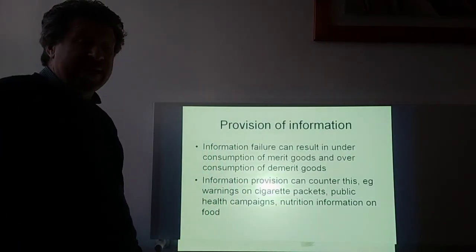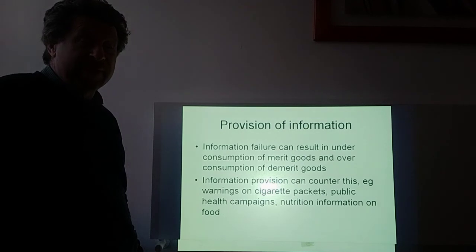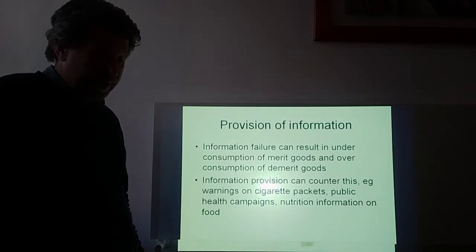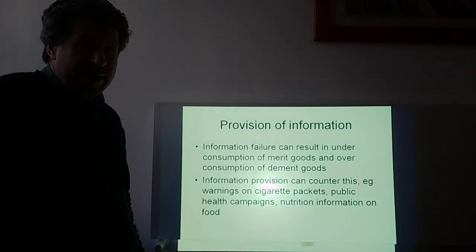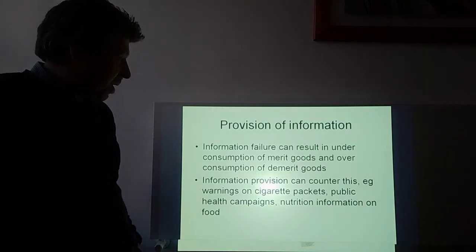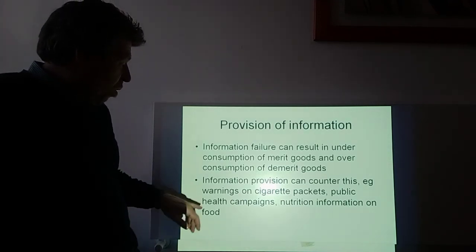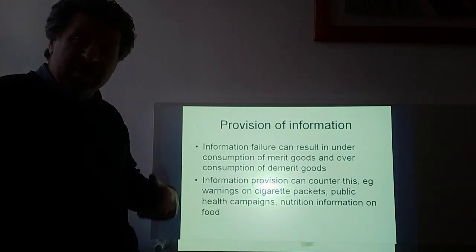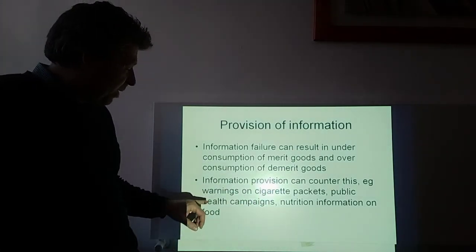Also, to intervene in the problems with information failure. Remember, a lot of the problems with demerit and merit goods are information failure. They can provide information, for example, warnings on cigarette packages, that's providing information.